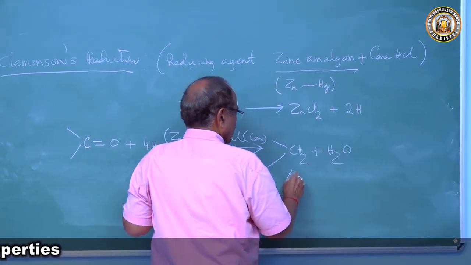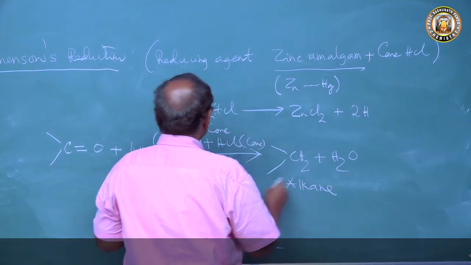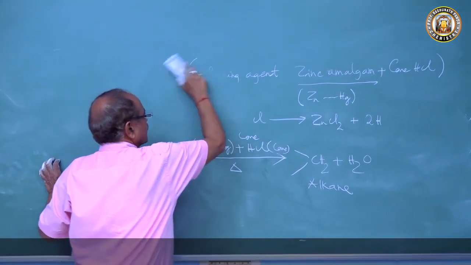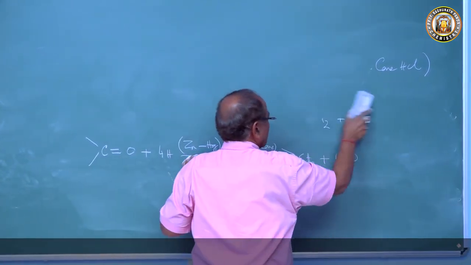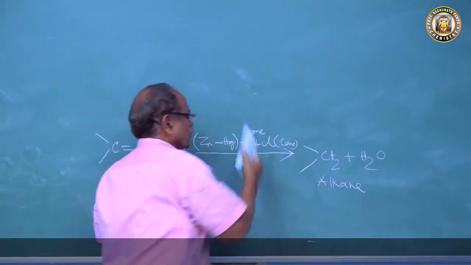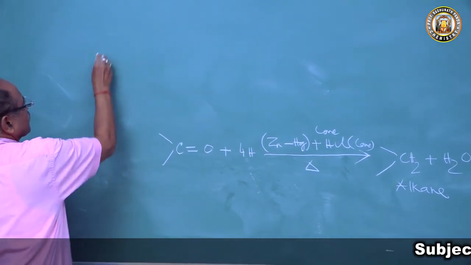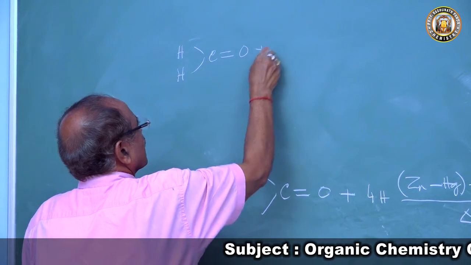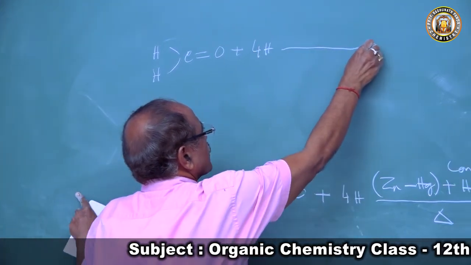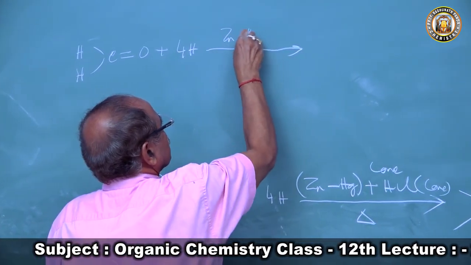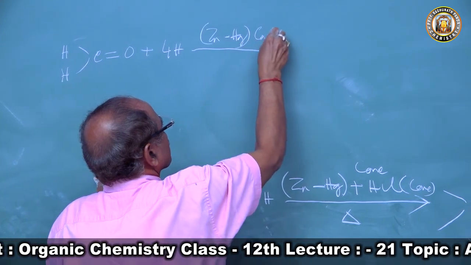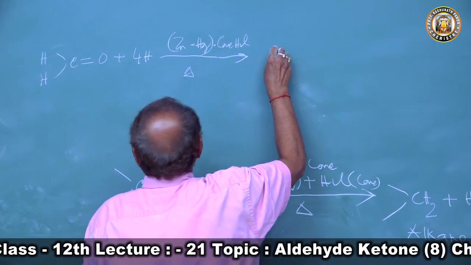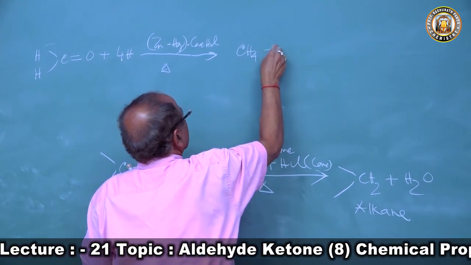So when a carbonyl compound is heated with zinc amalgam and HCl, it undergoes Clemmensen's reaction to produce the corresponding alkane. Suppose we take formaldehyde, this produces 4 nascent hydrogen with zinc amalgam plus concentrated HCl on heating. This forms methane plus water.